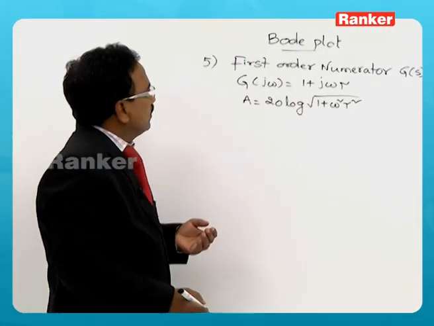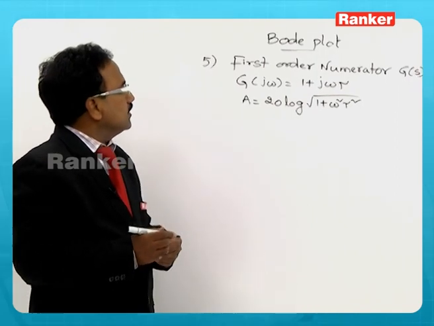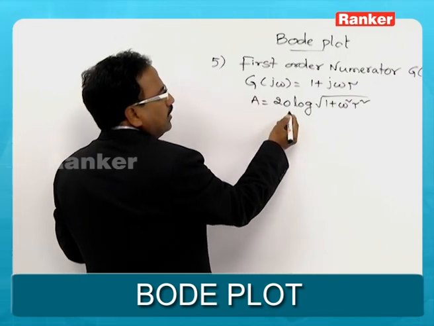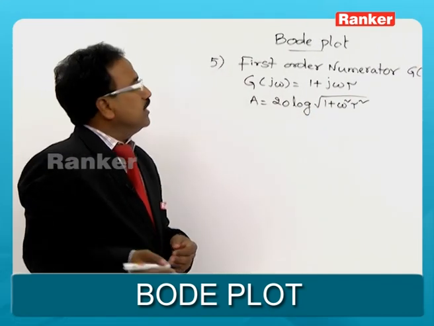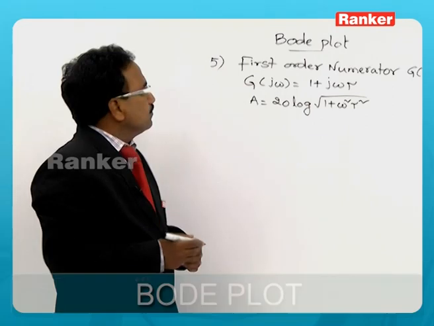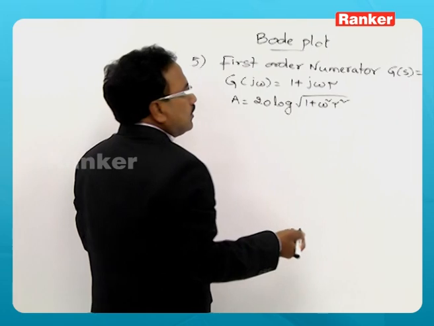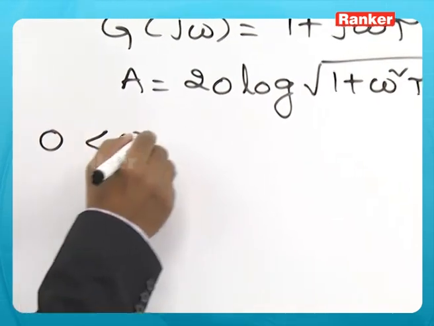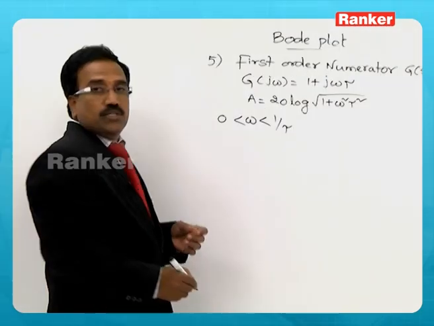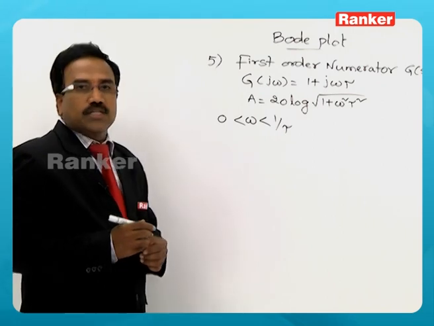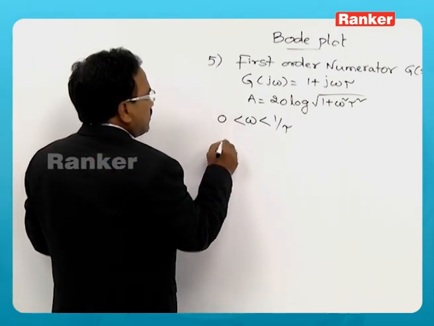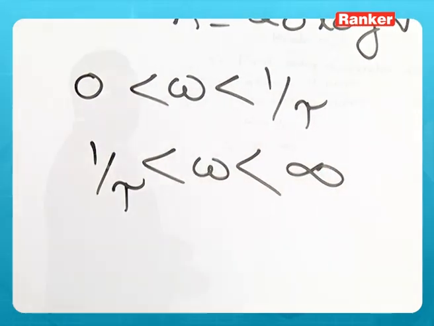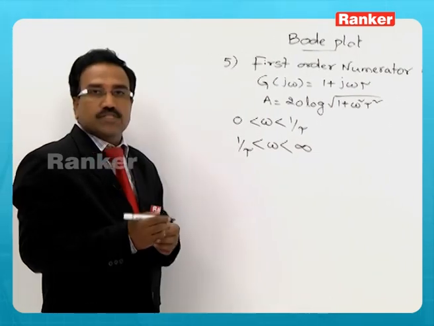Compared to the previous one, the only change is that there is no minus in the magnitude term. So A is equal to plus 20 log of the same term that appears in the denominator term. Here also you have two cases to be considered: omega between 0 and 1 by tau, where tau is the time constant of this numerator term, and second, between 1 by tau and infinity, the low frequency range and high frequency range.